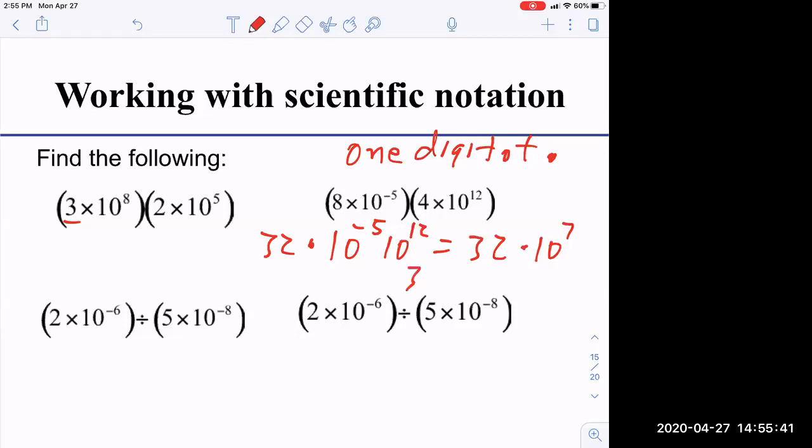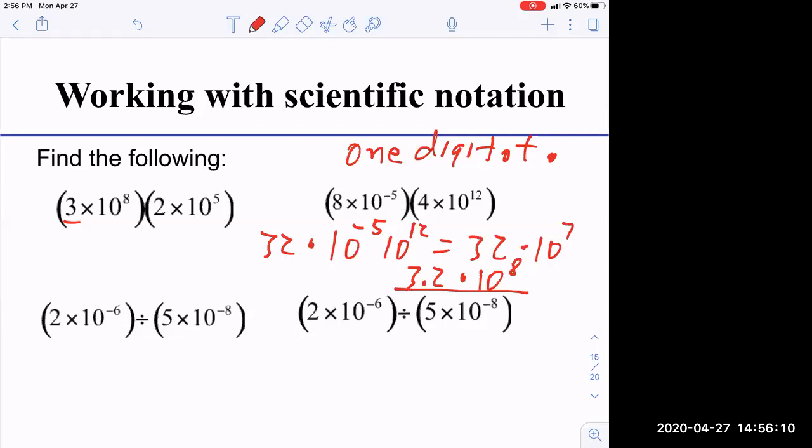We go 3.2 because I move my decimal to the left. That means I need 10 to the 8th, because I changed that 32 into 3.2 times 10 to the 1st, and I end up adding that 10 to the 1st to the 7 to get 10 to the 8th.